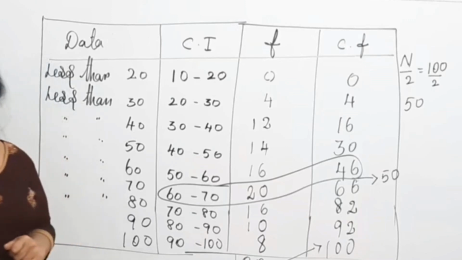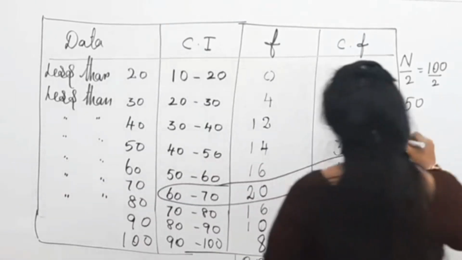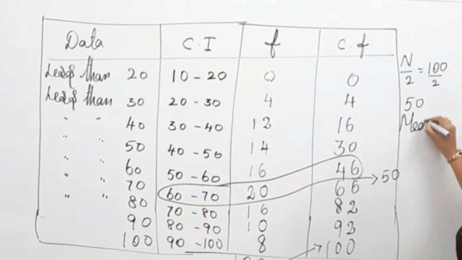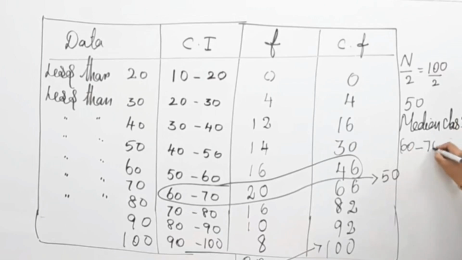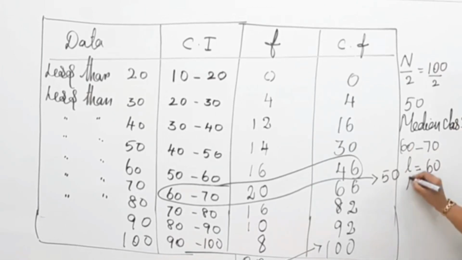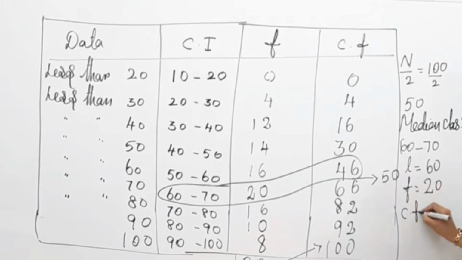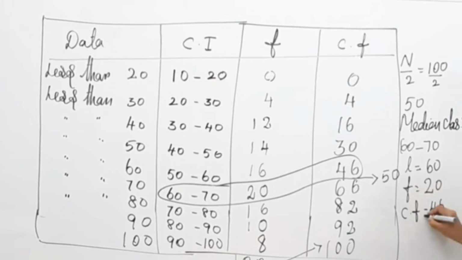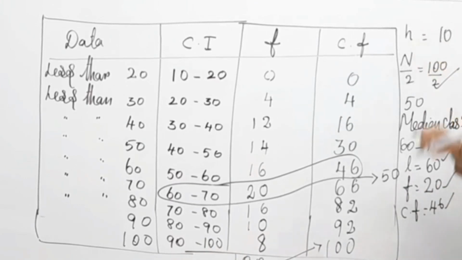46. Hope everyone understood. My median class is 60 to 70. That means my lower limit is going to be 60, and my frequency is 20, and my cumulative frequency is 46. I got all my values here, and you know h is nothing but 10.